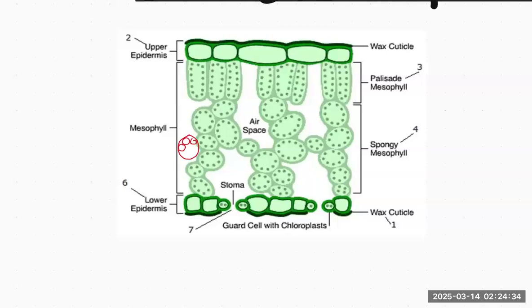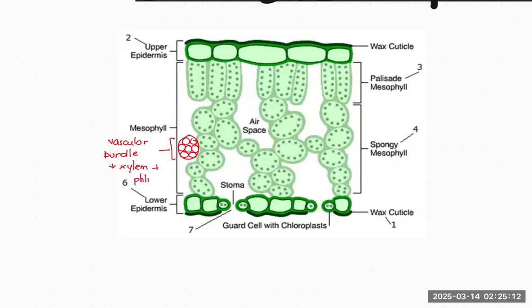But mainly speaking, they have the function of transporting substances throughout the plant. So we call it a vascular bundle, and this has both xylem in it and phloem in it. Xylem is responsible for transporting water, and phloem is responsible for transporting food, basically, your sucrose.